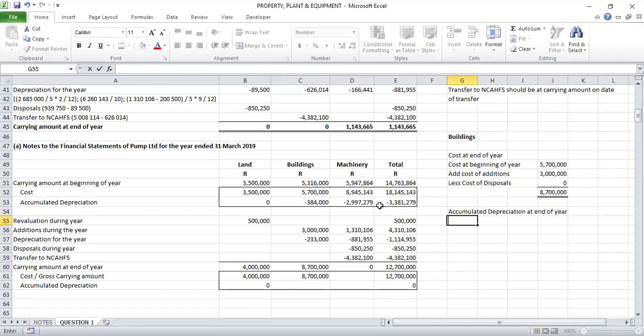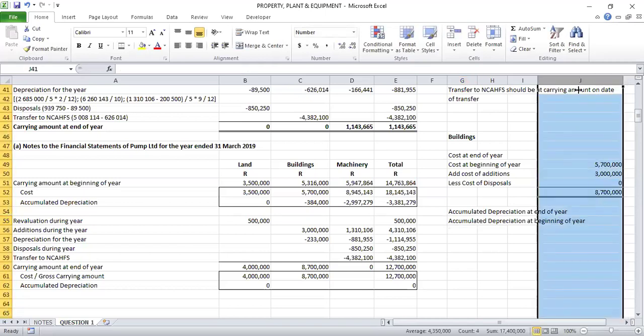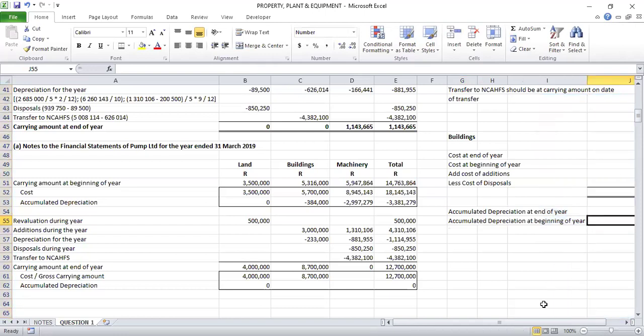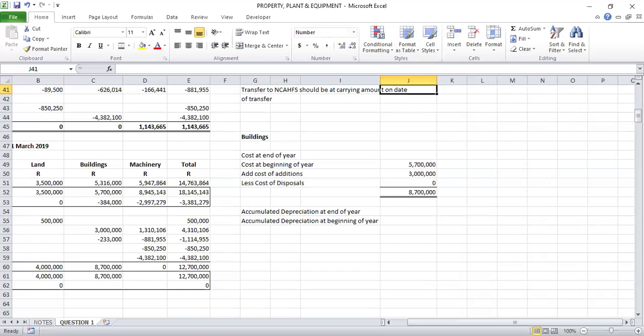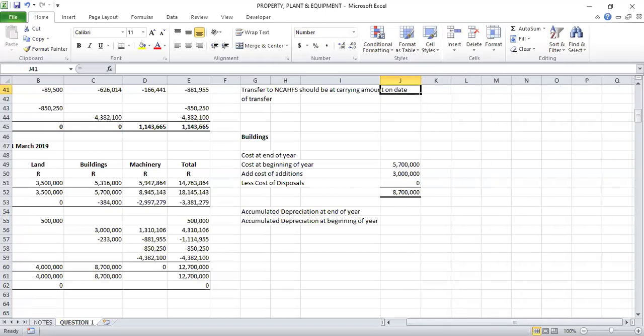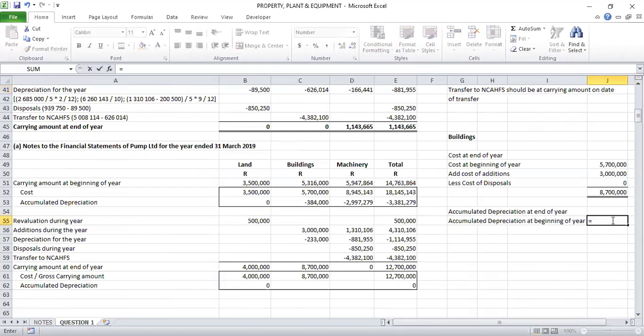We had accumulated depreciation at the beginning of year, which was 384,000.